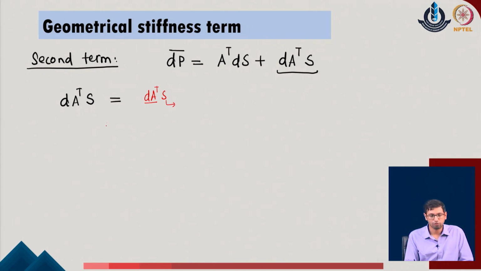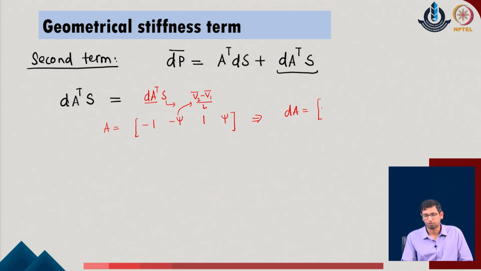As the value of A for the given problem is written, it is minus 1, minus phi, 1 and phi. This value is defined with respect to the parameter phi, where phi itself is defined as V2 bar minus V1 bar upon L. If I now take a small variation in this parameter, d of A, the first parameter, the 1, has no variation, so it will come out to be 0.